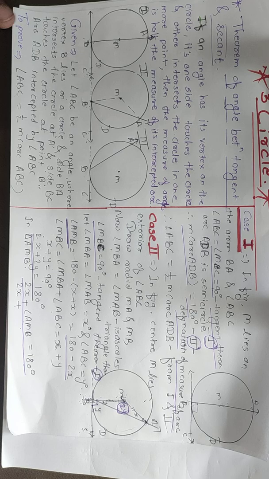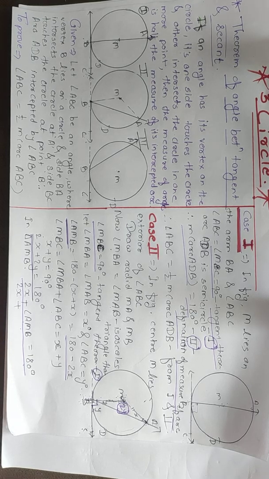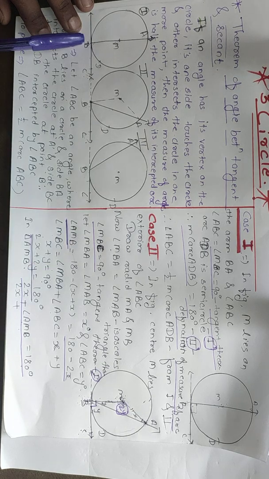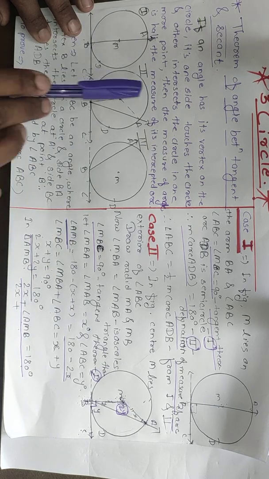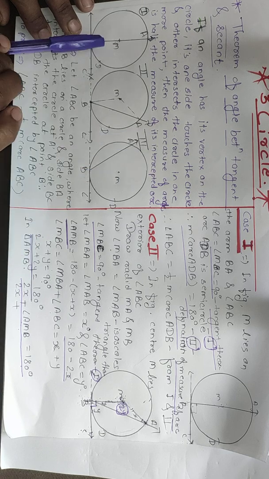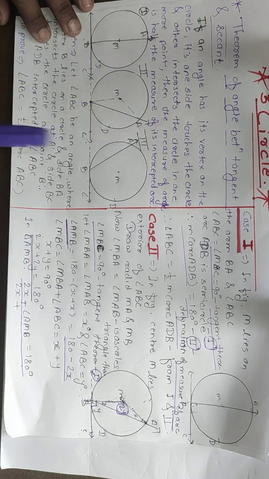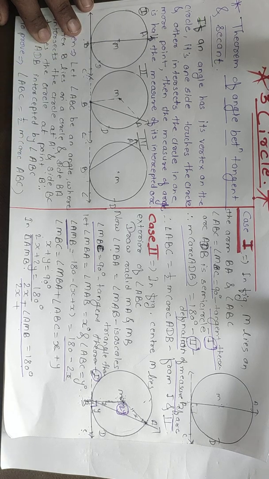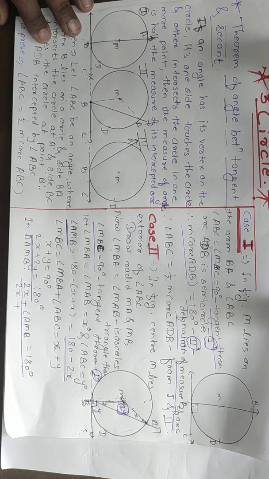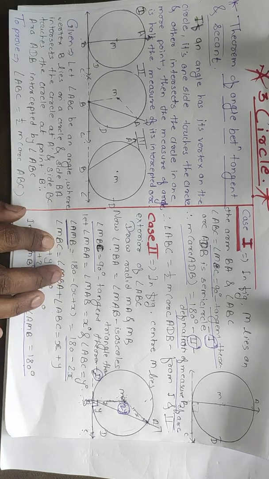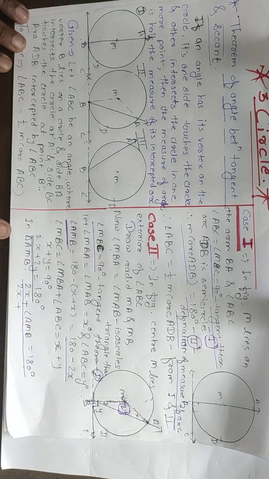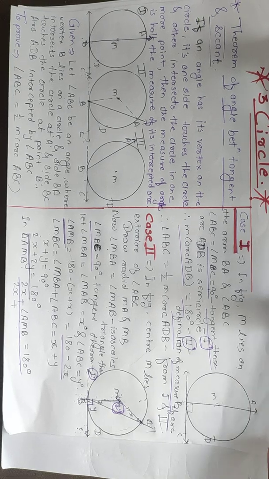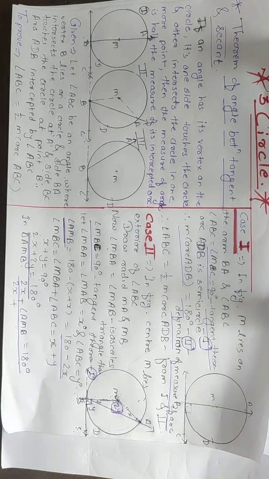So in this way we showed this theorem: if an angle has its vertex on the circle and one side touches the circle, then the measure of the angle is half the measure of the intercepted arc. So you just study this, all of you. It is a big theorem, so all of you practice it, and then we will solve the next part of the lesson. We will see it in our next lecture. So we'll stop here only. Okay, thank you.